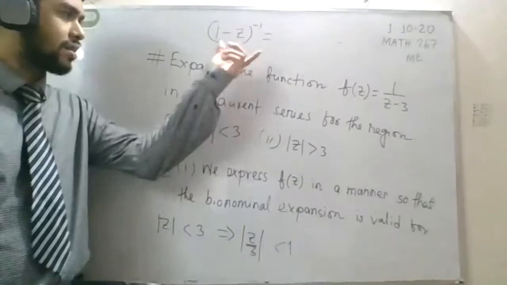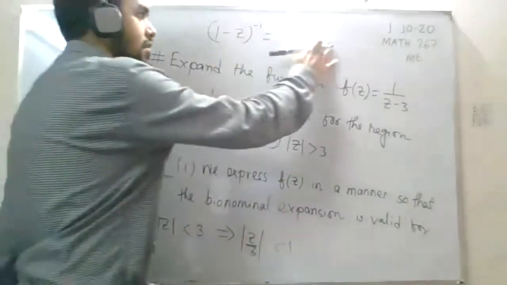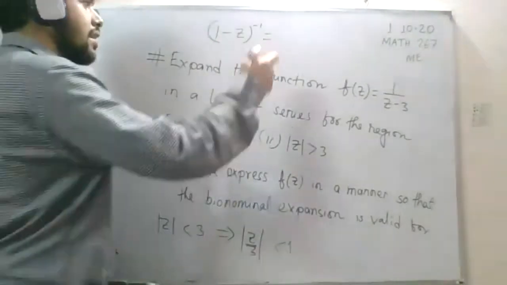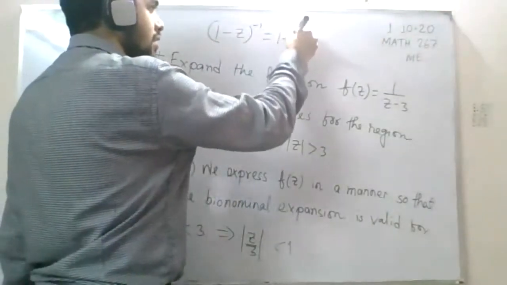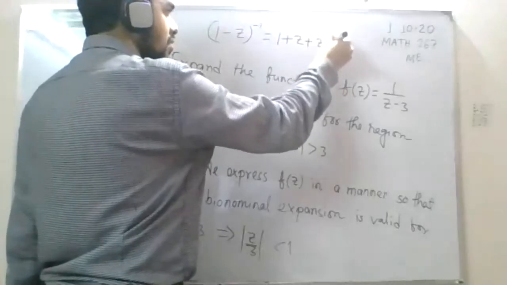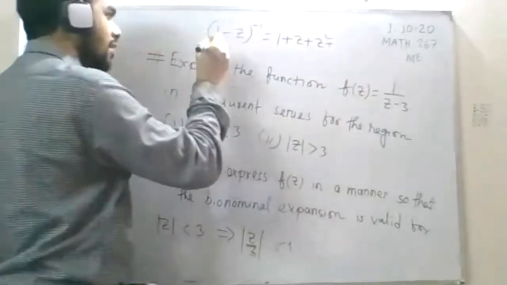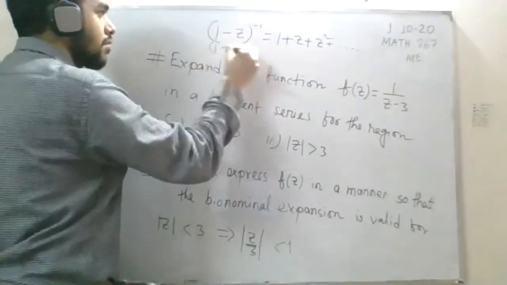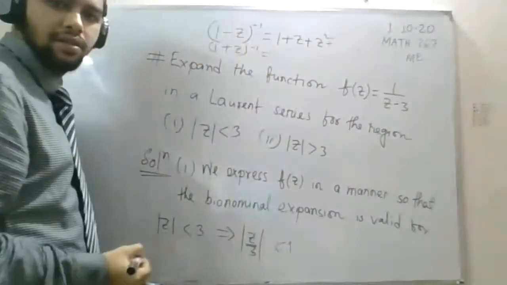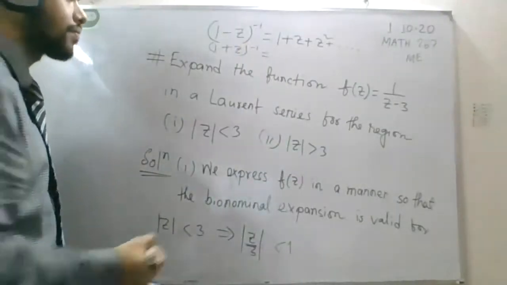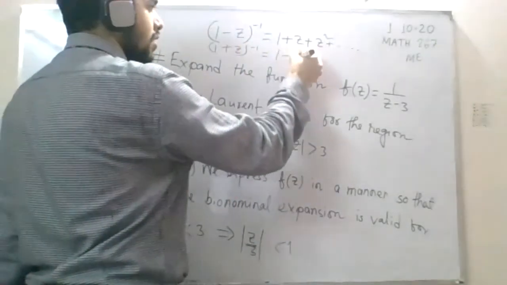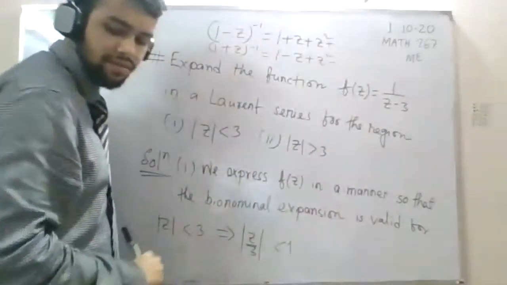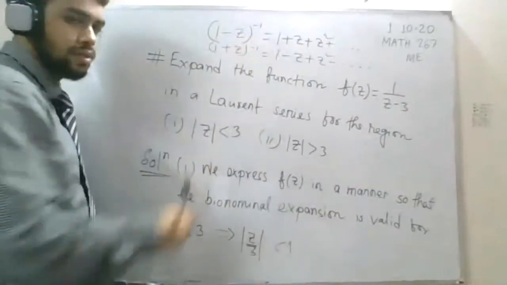Do you remember the binomial extension of this? 1 plus z plus z square plus z cube. Okay, thank you. If I say (1 plus z) inverse 1, it is 1 minus z plus z square minus z cube. Okay, so this is for inverse 1.